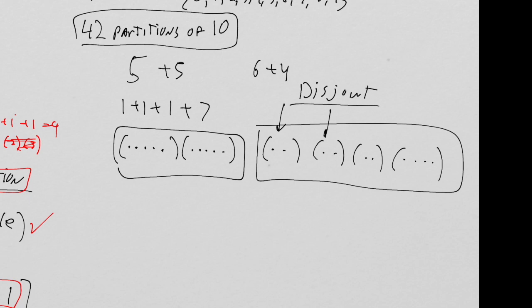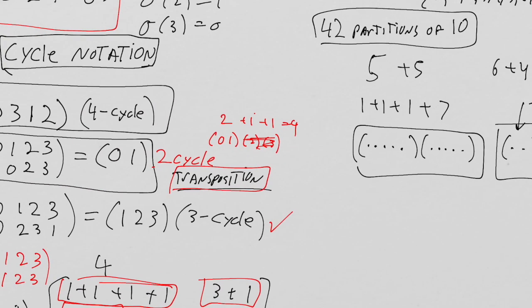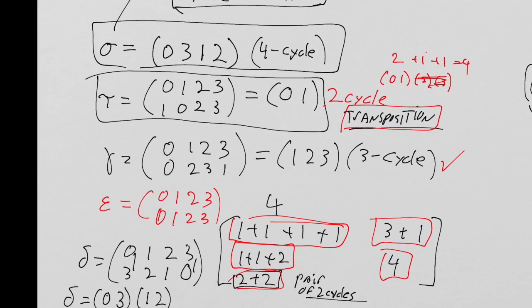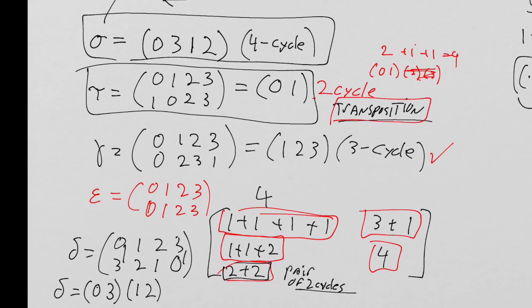I mean, well, let's see. No element appears in this collection of cycles more than once. And of course, ultimately, you'll have 10 different elements, but we omit the ones that just have 1, so you don't even see those. Okay, so back to S4, we've identified all the different kinds of permutation cycle structures you could have.